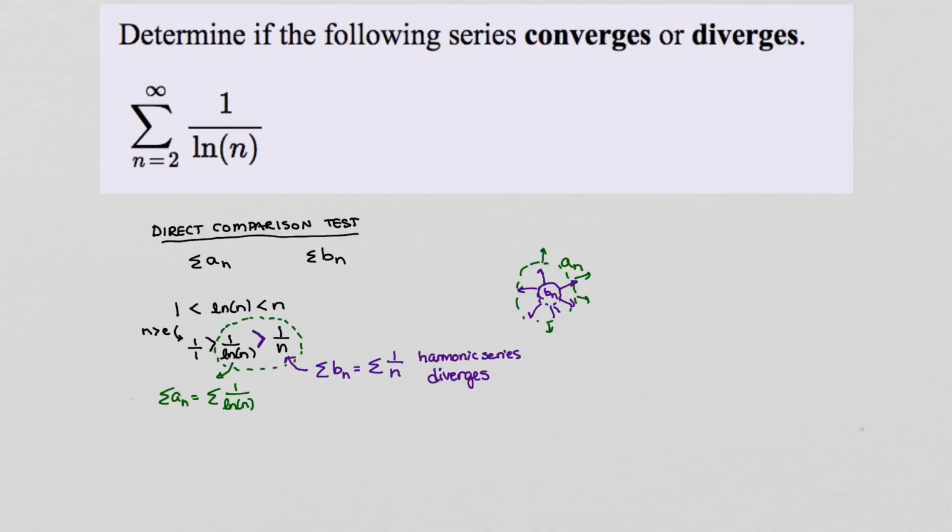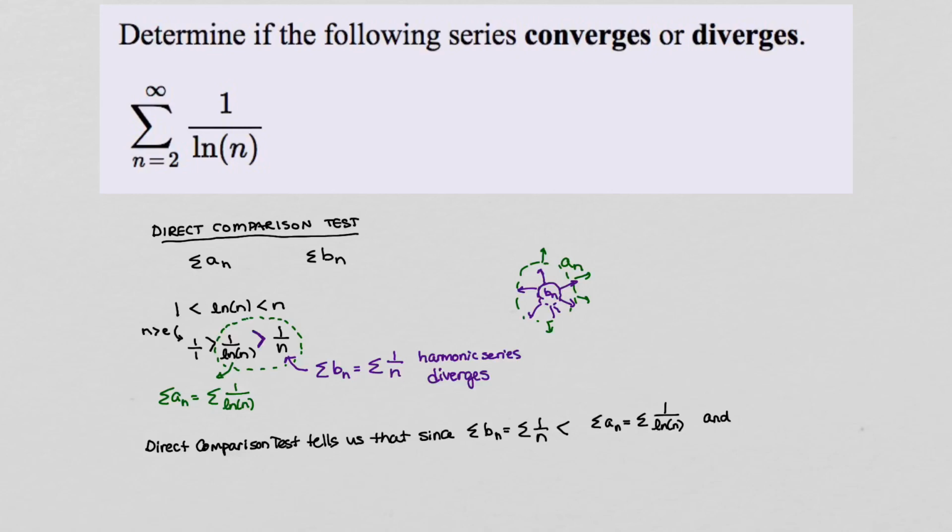So what does that mean? That means we're done. The direct comparison test tells us that, since two things, first, we have an order: the series b sub n, which is the series 1 over n, is smaller than our original series a sub n, which is the series 1 over the natural log of n.